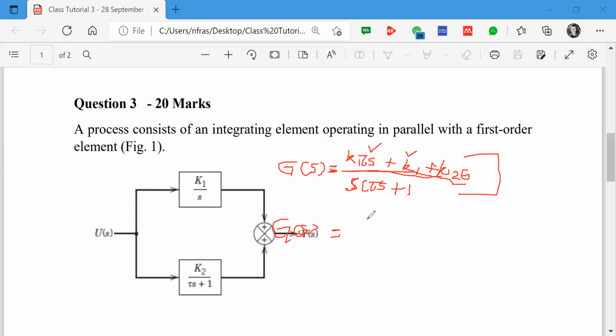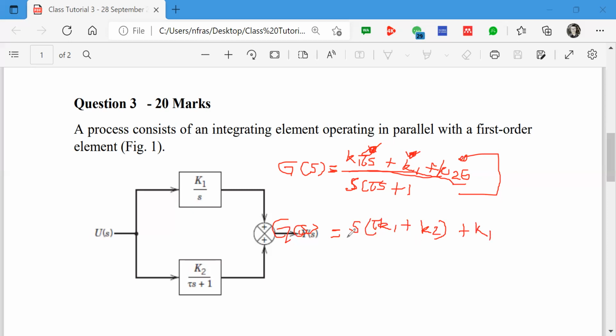So what we are going to do then is take s on the outside between the first term and the third term. Those are the only terms that contain s. And then you're going to have K1, then plus, it's going to be K1 tau, right? Or let's just write tau K1 plus K2, because we do not have s with the other K1, the one in between, we're just going to say plus K1.